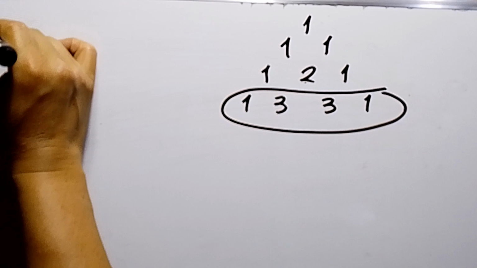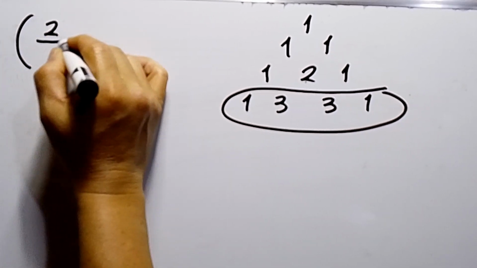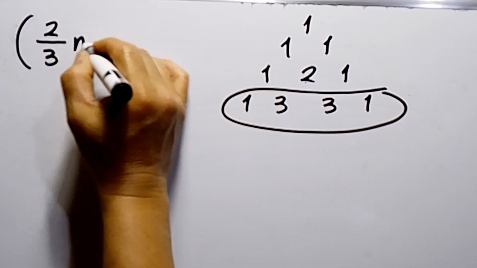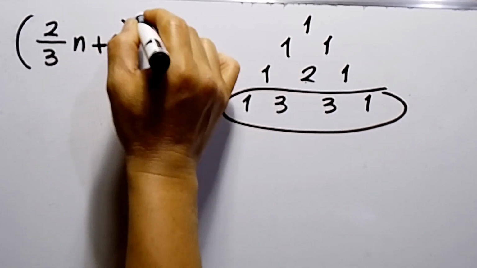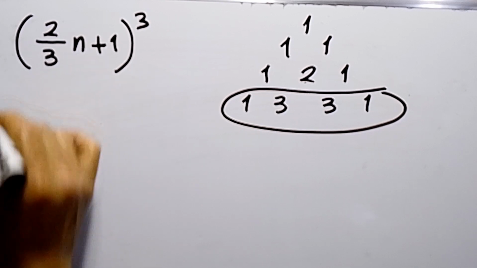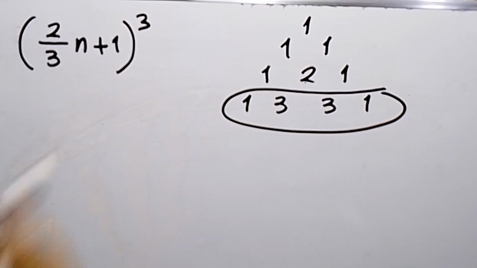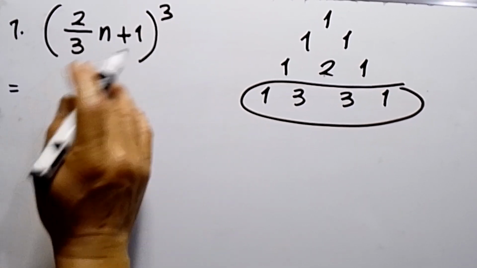So for example, number 1, I have 2 over 3 n plus 1 raised to the third power. There is an easy way to solve this expansion of a binomial.